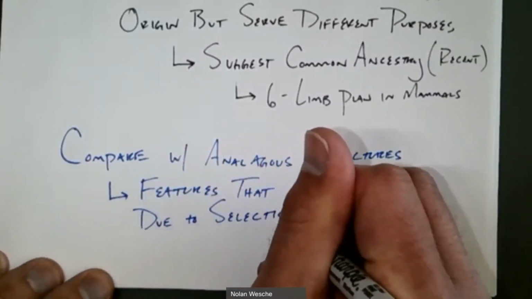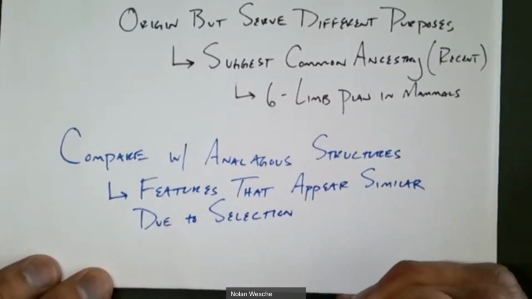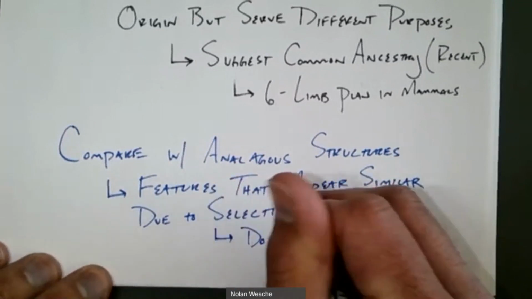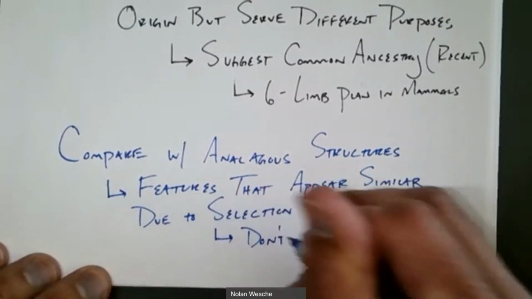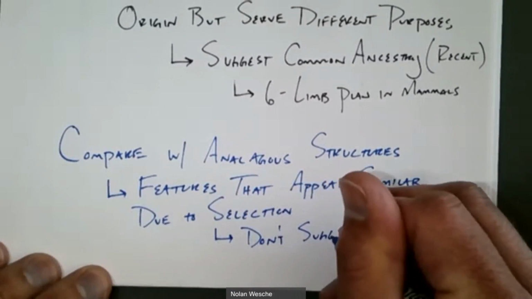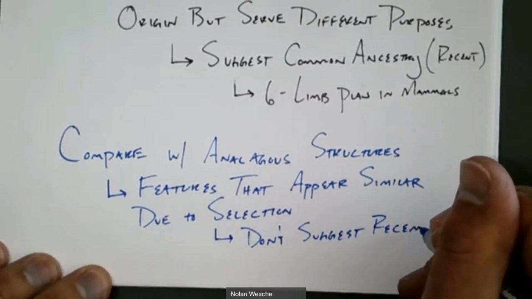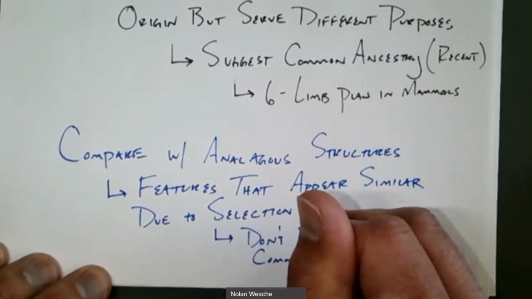So natural selection is shaping those features to appear similar, but when we really dig in and look at the bone structure, they don't suggest at least recent common ancestry.